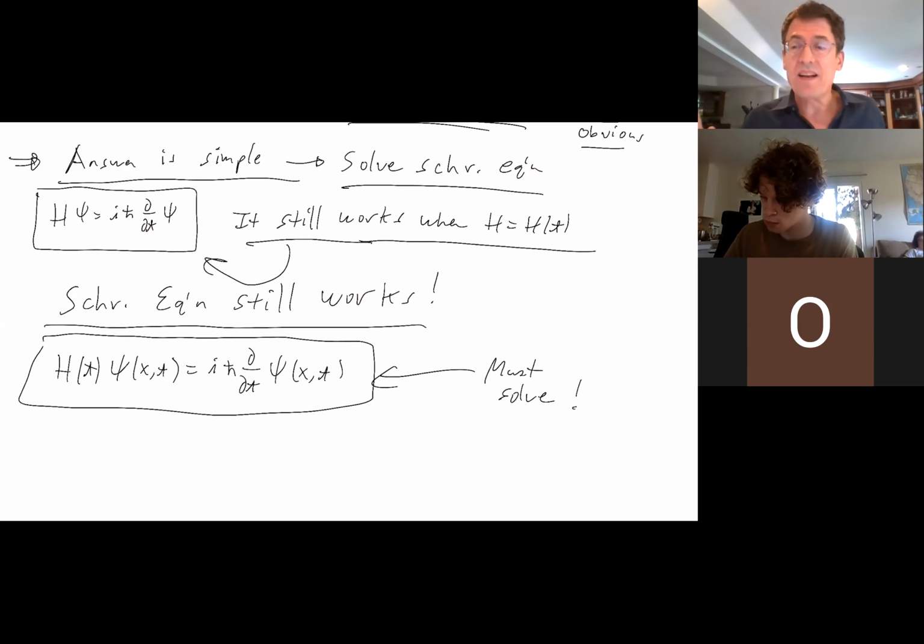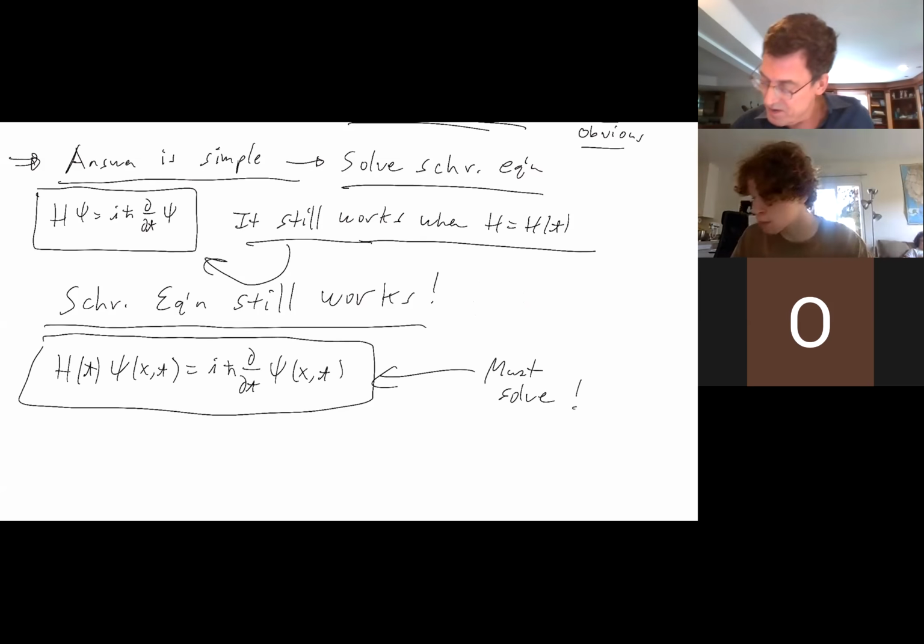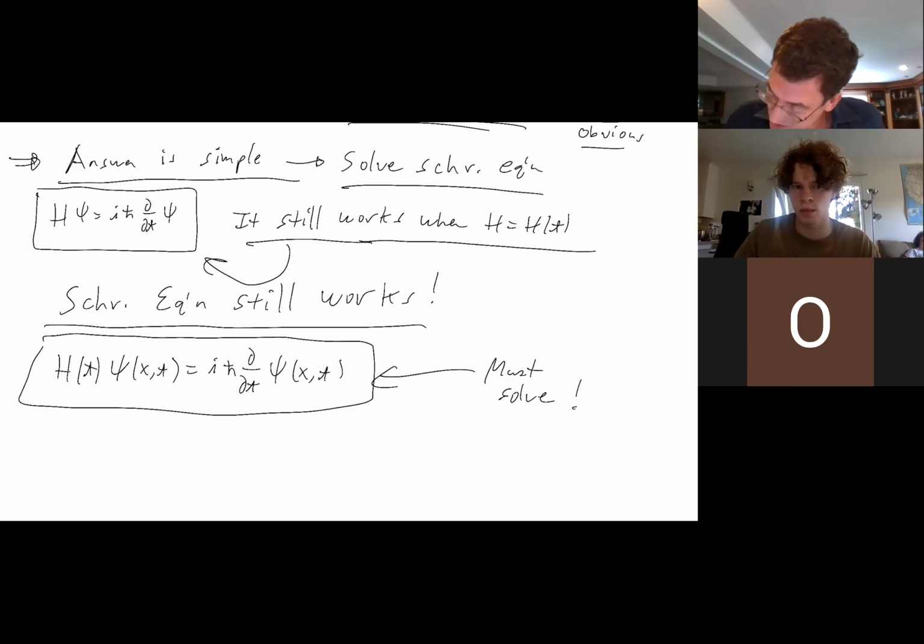And if you solve that, then everything works and you can figure everything out, because you would have boundary conditions.